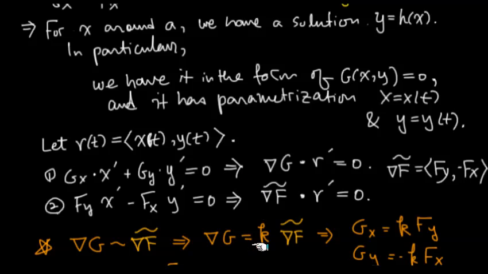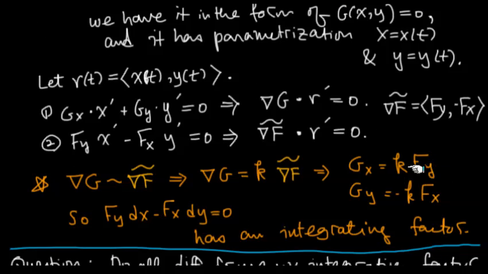So this is a function of x and y. If you look at it here, this f_y and negative f_x, when you multiply k on both sides, that becomes the gradient of x and gradient of y of the same function. That's exactly the meaning of having an integrating factor.